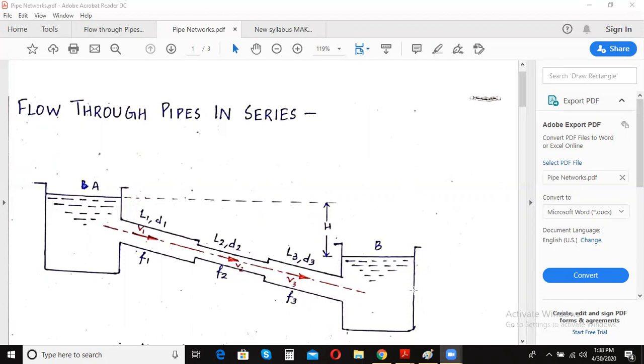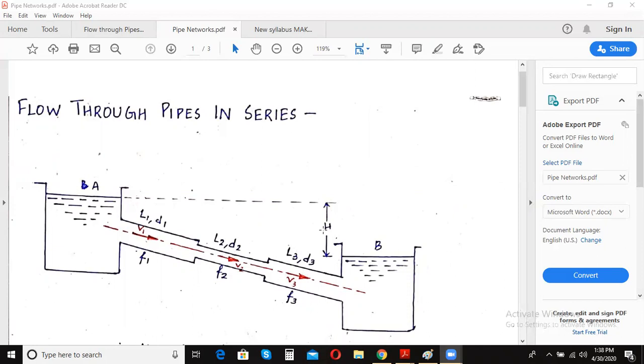Right, now water is flowing through these pipes, and the velocity of flow is denoted as V1 in pipe 1, V2 in pipe 2, and V3 in pipe 3. Now what you have to do is calculate the head that is lost between these two reservoirs.